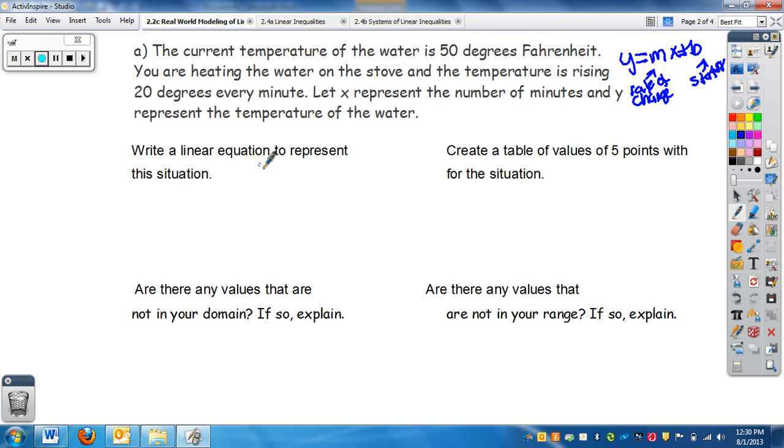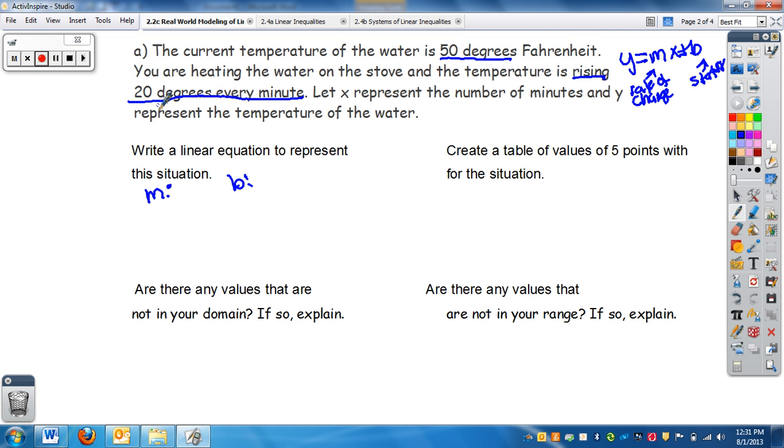So we need to write a linear equation to represent the situation. So we need our m and we need our b. What are we changing? What is happening to the water? x represents the number of minutes. So every minute, it is changing by what? Well, if you read the problem carefully and highlight important information, I see 50 degrees and I see a rising of 20 degrees every minute.